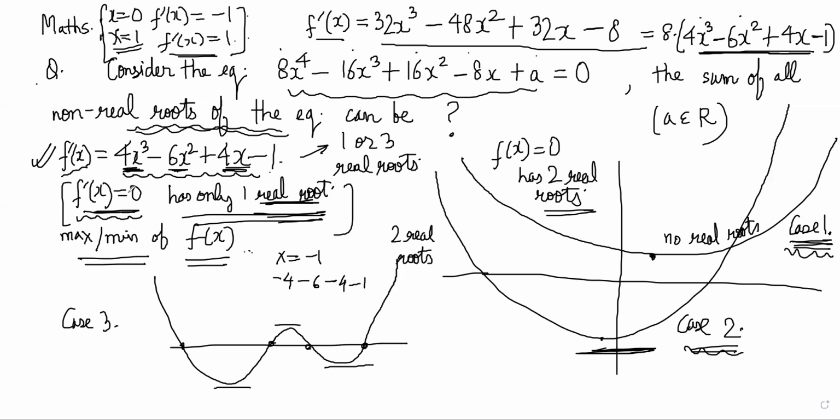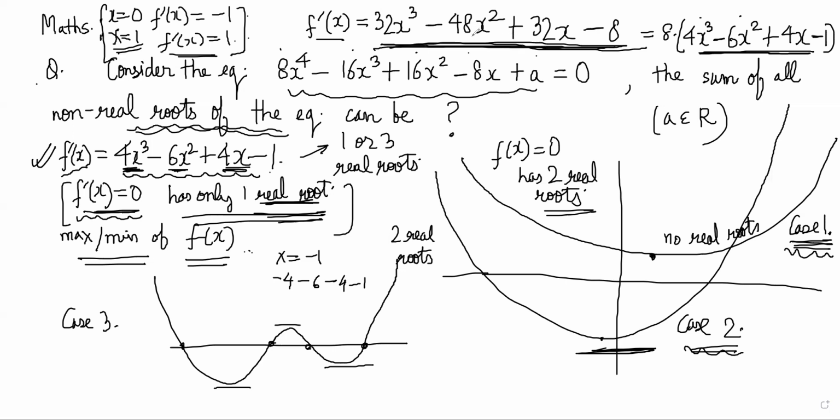So now we know that there is a maxima or minima of f of x between 0 and 1. So at 0, the value of the function is -8. At 1, the value of the function is 32 plus 32, 64, minus 48 minus 8, 56.